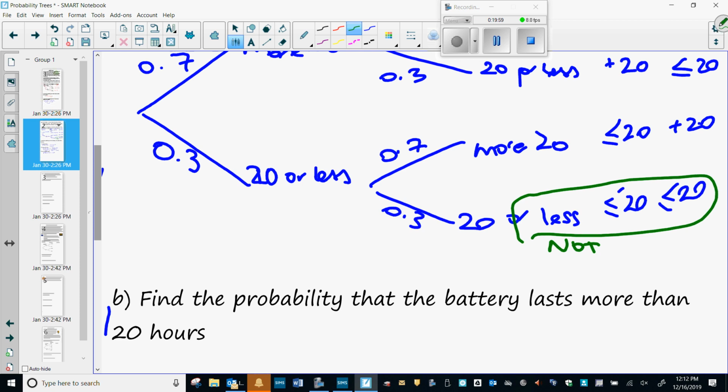Does that make sense? So we want the other three options, so we don't want this. So what we could do is find the probability of this one and then subtract that from 1. Why am I subtracting that from 1? Because the probabilities of all of the events happening have to total 1.